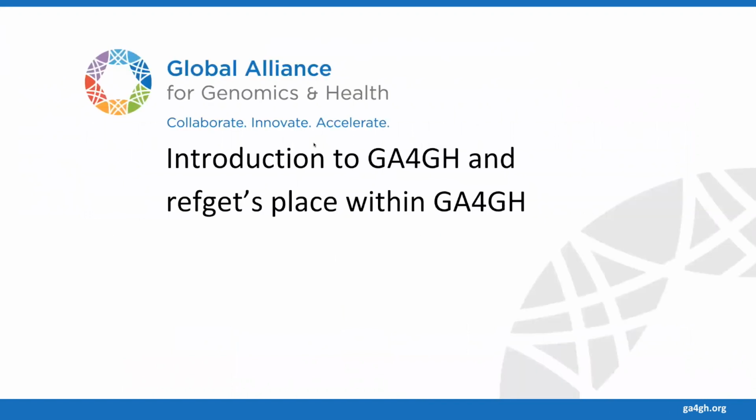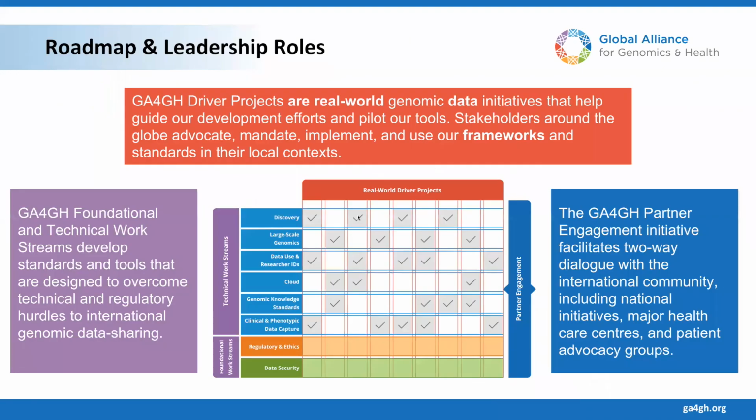But I'm going to take a brief break from that. I'm going to now dive into where Refget's place within Global Alliance is, and a little bit on Global Alliance. So Global Alliance is formed of a number of driver projects, which intersect with a number of foundational and technical work streams.